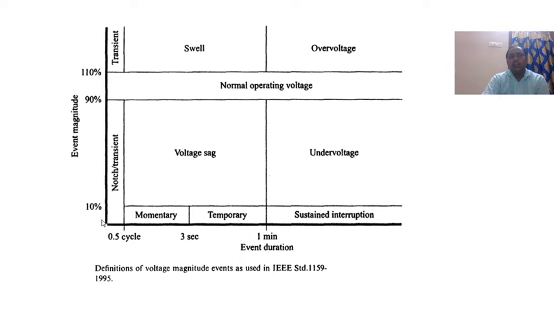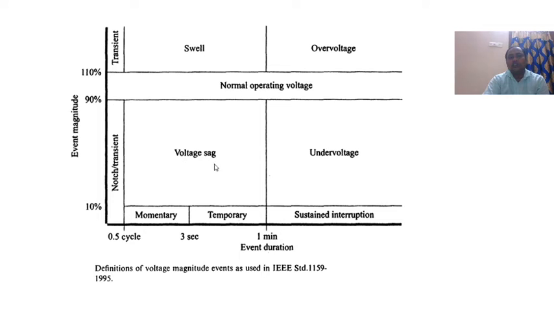If there is an interruption, it will be classified into momentary, temporary and sustained interruption based on time period. Before 3 seconds is momentary, before 1 minute temporary, above 1 minute sustained interruption. Again, below 90% is a voltage sag or under voltage.